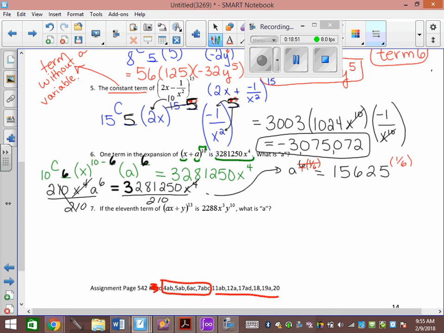Instead of going the 6th root of a to the 1, we're bringing this back underneath and going a to the 1/6. So in order to get rid of that, we could raise it to the 6 over 1 if we wanted to. Make sense? When you're taking the square root, you raise it to the power of a half. When you're taking the 6th root, you raise it to the power of 1/6.